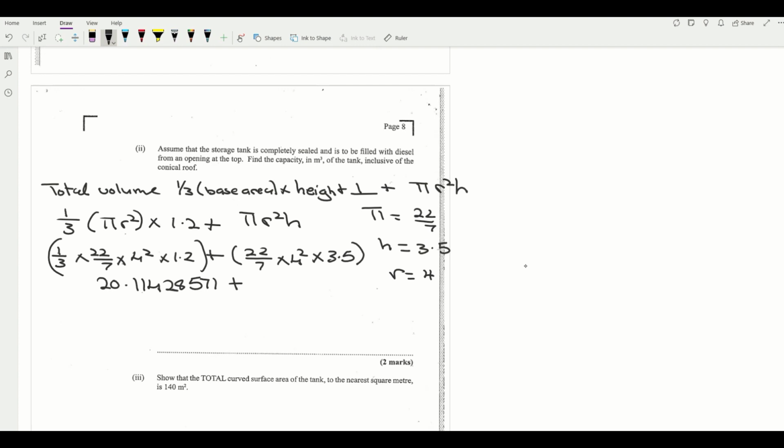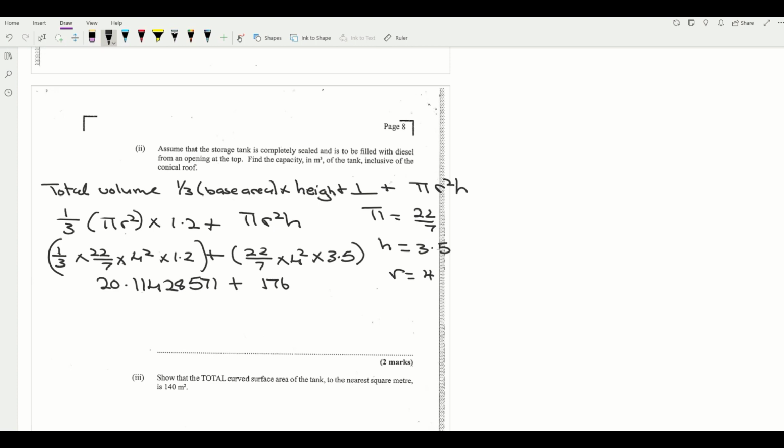Plus this here is 22 over 7 multiplied by 16, because 4 squared is 4 by 4, which is 16, multiplied by 3.5, which is 176.